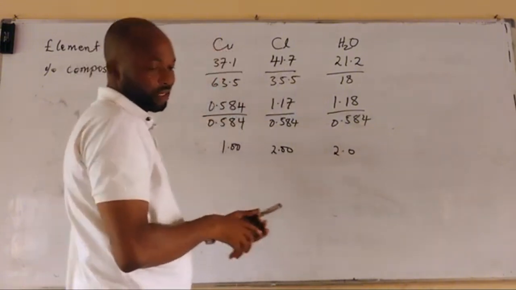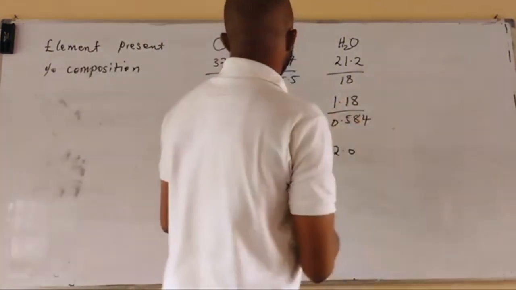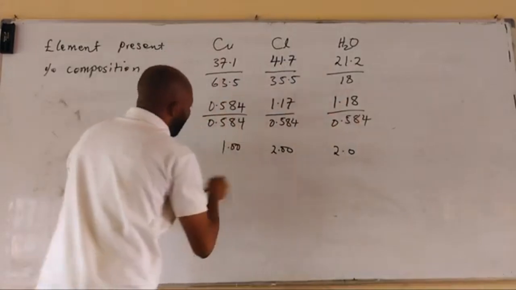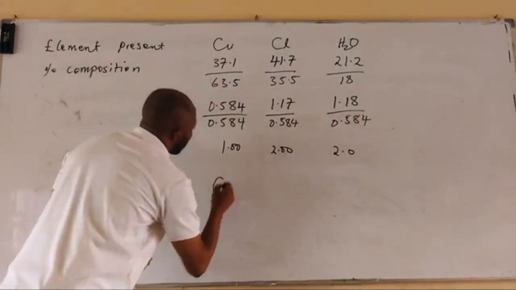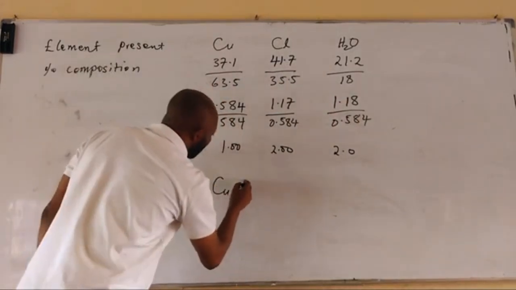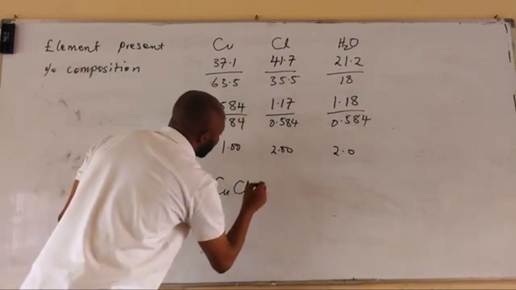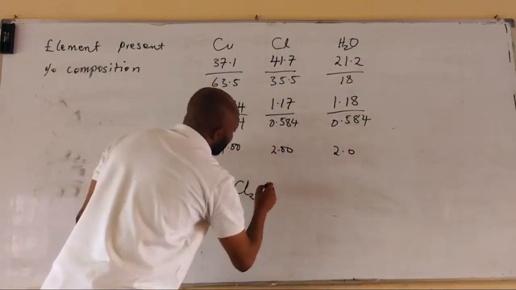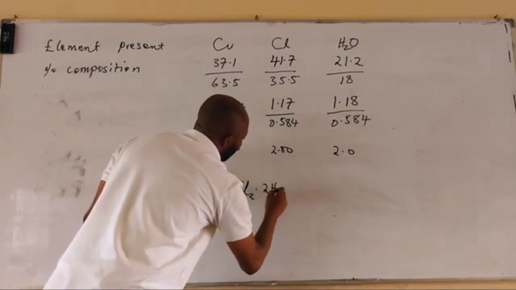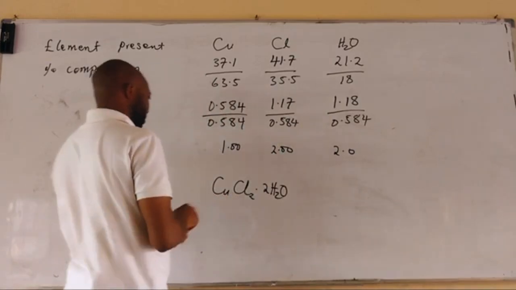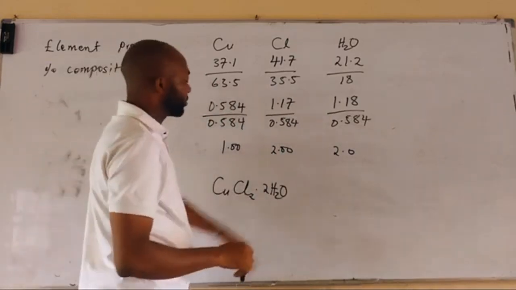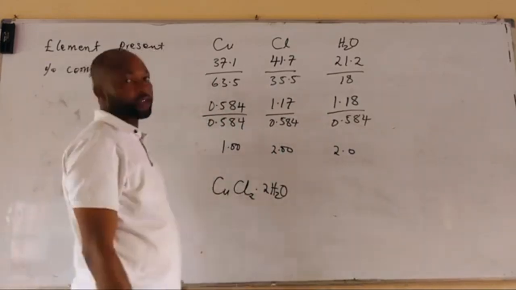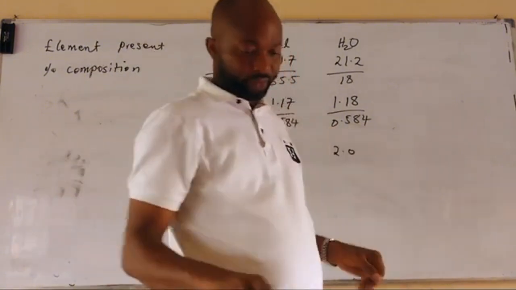So this means that from here we have copper to be 1, chlorine is 2, and 2 moles of water. So this is what we have. And so we continue.